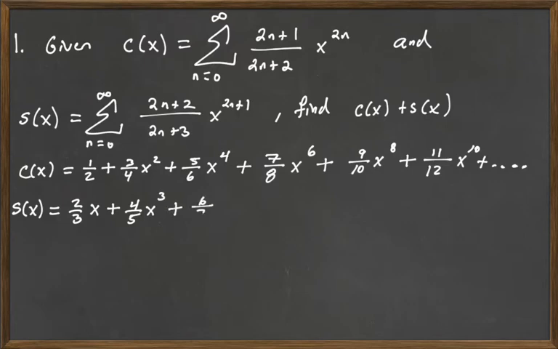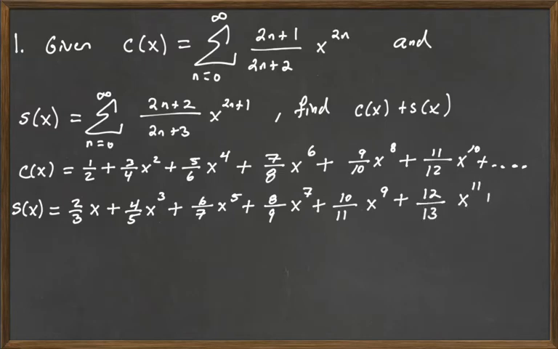N is equal to 2, so we have 6 over 7 x to the 5th. N is equal to 3, 8 over 9 x to the 7th plus n is equal to 4, 10 over 11 x to the 9th plus n is equal to 5, 12 over 13 x to the 11th, and that keeps going on.